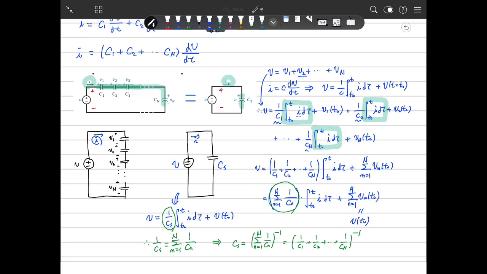So when capacitors are connected in series, this is a similar equation to when resistors are connected in parallel. And when capacitors are connected in parallel, this is a similar form to when resistors are connected in series.